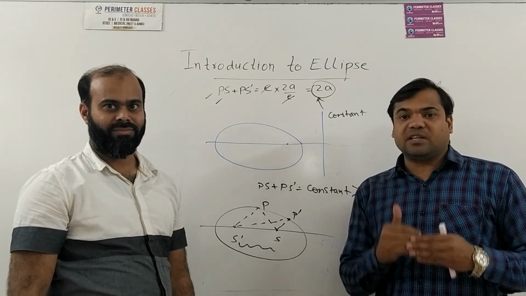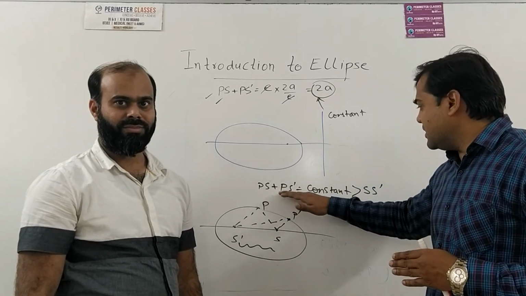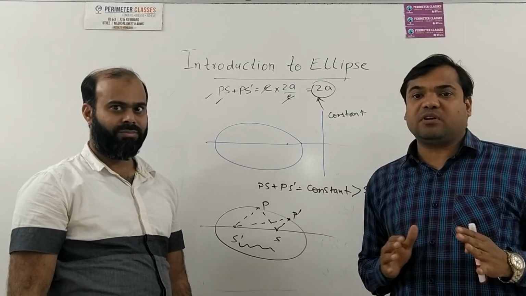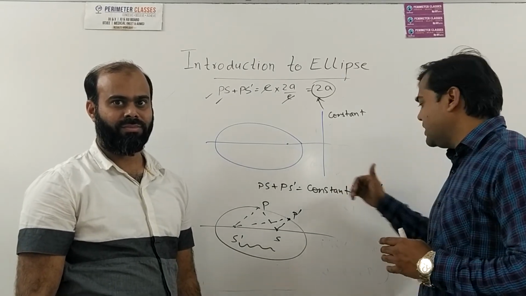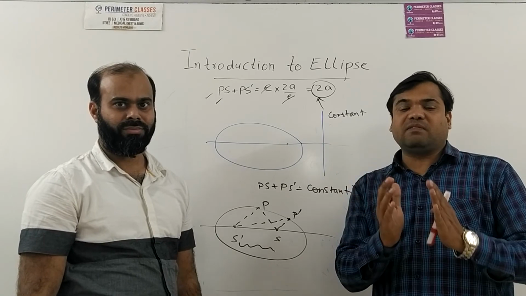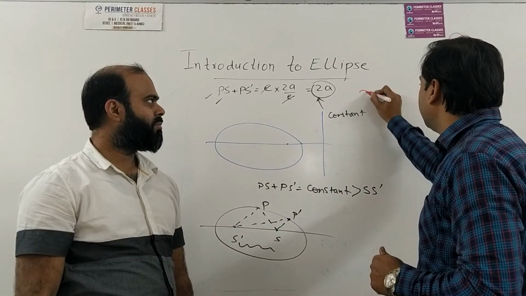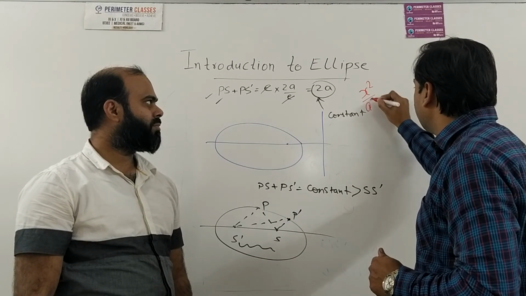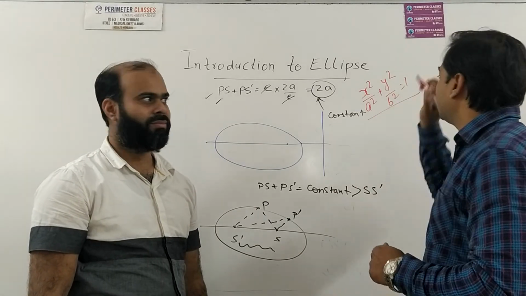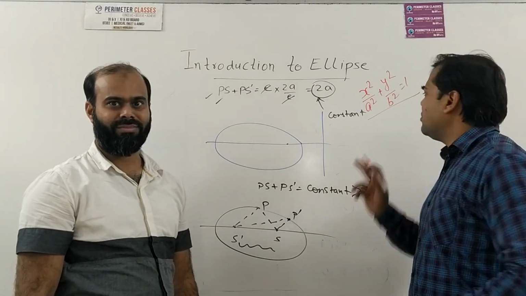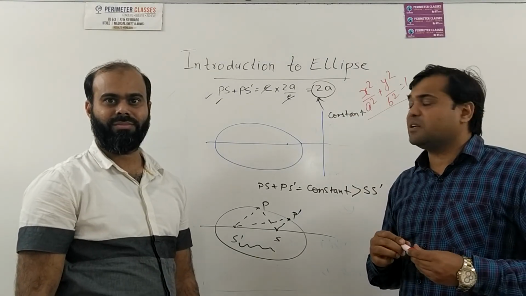One method was by the ratio which is equal to the eccentricity of the ellipse, and the other is when the sum of the distances of a point from two foci remains constant and the constant is equal to 2a, obviously greater than SS'. So these are the two methods by which you will arrive at the same equation, and the most standard form of the equation which Subbu sir just told us is x square upon a square plus y square upon b square is equal to 1. Obviously a and b are related. The equations were given in this discussion of the lecture itself.